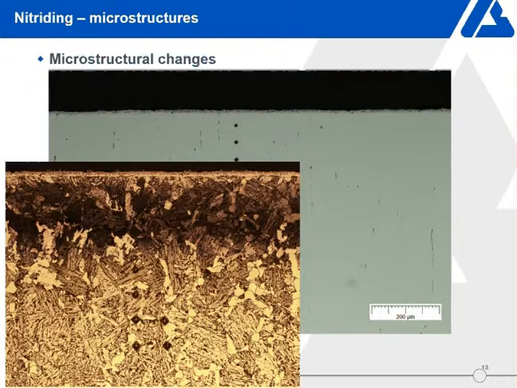Sometimes when you etch the surface, like I mentioned before, you're able to see the different surfaces where I would say you've got the compound zone, which is the visible outer bit, or what traditionally is considered as a white zone, white layer. And then the dark region is the diffusion zone, which is where you've impinged or added a lot of nitrogen to surface harden that or create a case for this material.